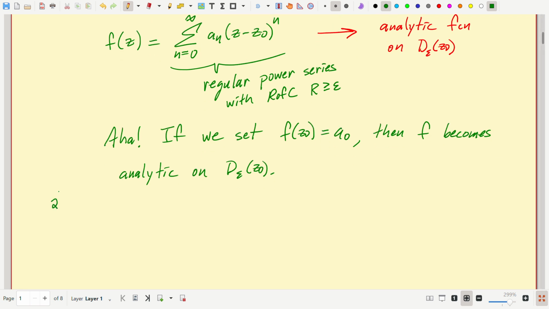The second possibility is that there's only finitely many negative terms.